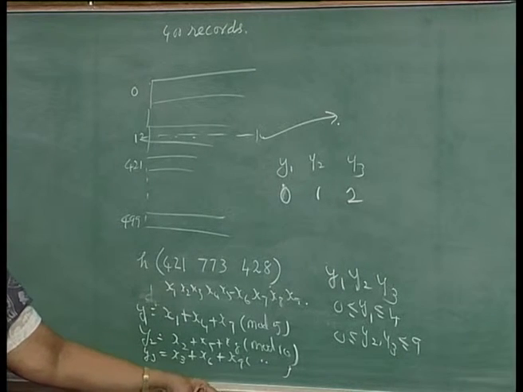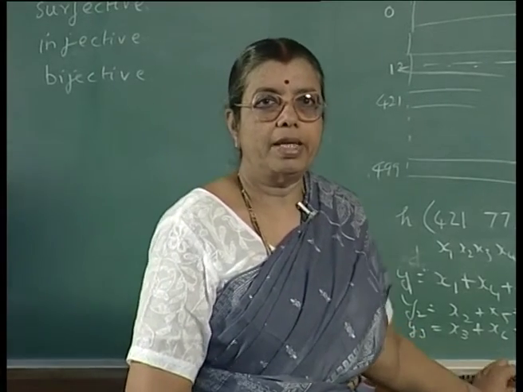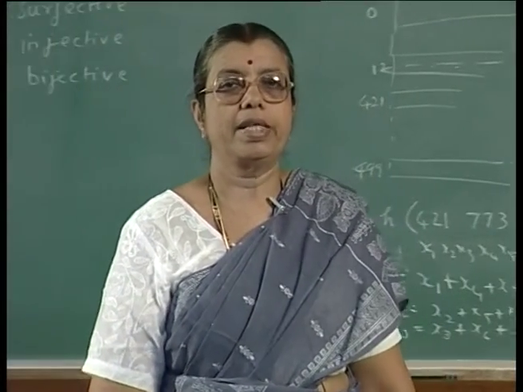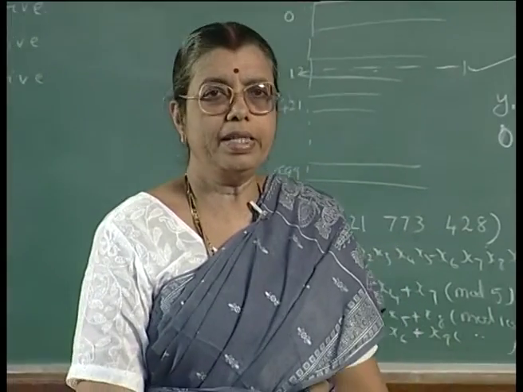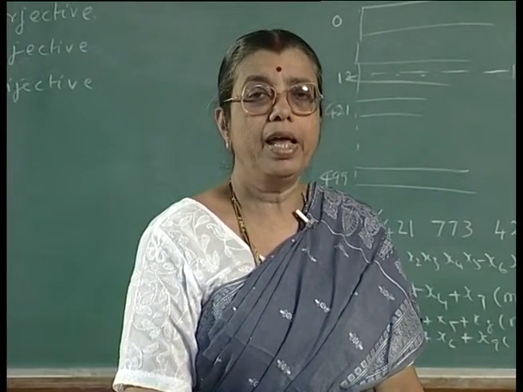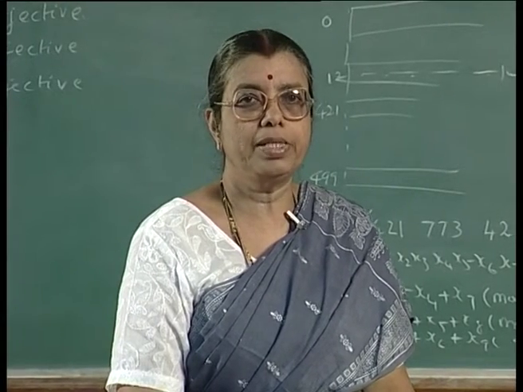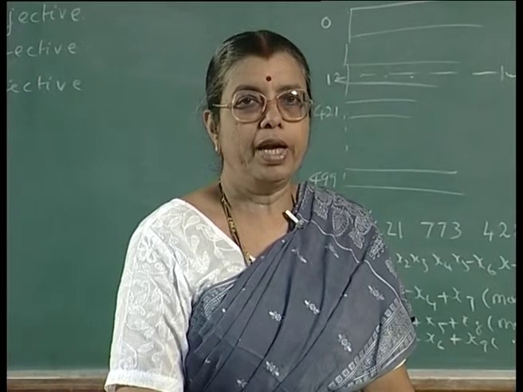This is the way it is usually done in compilers and in several other fields in computer science. This is not the unique way of defining a hash function. There are several ways of defining hash functions, and as far as possible you would like them to be injective functions, but you cannot ensure that.